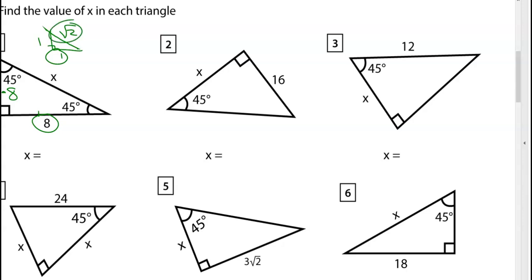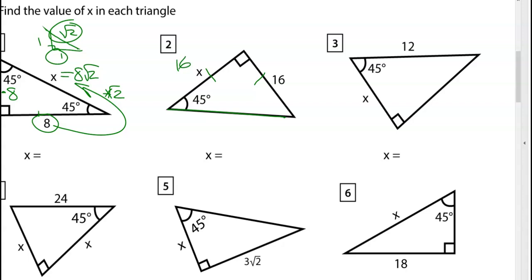To get to the x value, I'm going to take the 8, which is the scale factor, and multiply by the square root of 2. So x is 8 root 2. Problem 2, again, the 16 is a leg length, so this length is equal to this length, this third side being the hypotenuse.